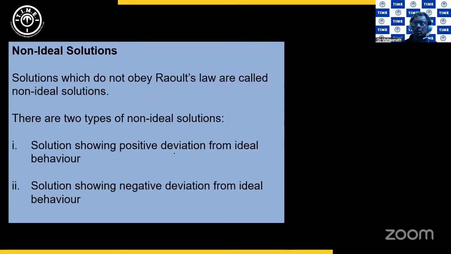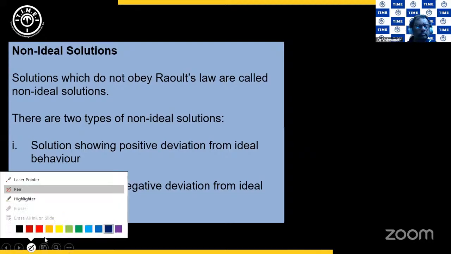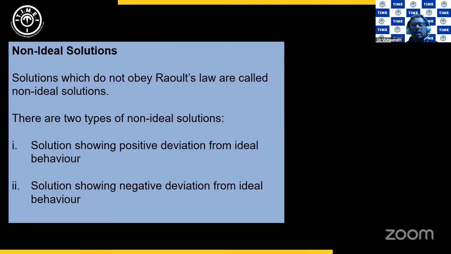Now we'll move on to non-ideal solutions. Non-ideal solutions are those where we shall say that A forces and B forces, I'm talking about the positive deviation, right, is greater than AB.